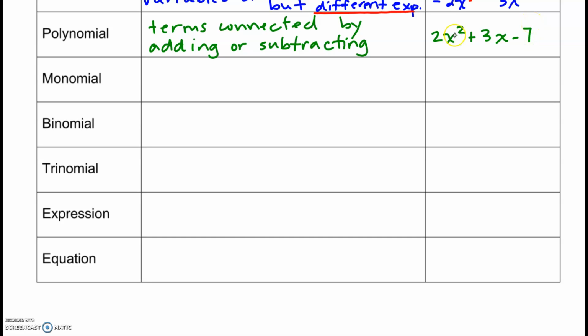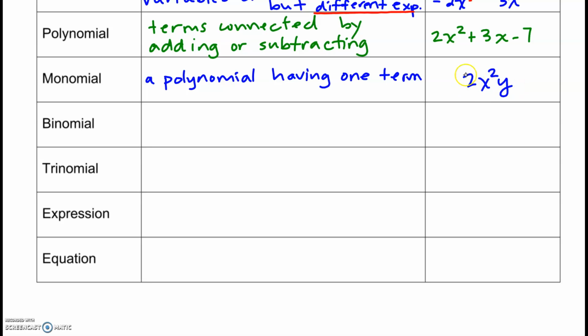So these are 3 terms and they're being connected with those addition and subtraction symbols. So a monomial is a polynomial having 1 term. So an example would be 2x squared y. That's 1 term because there is no plus or minus sign separating.